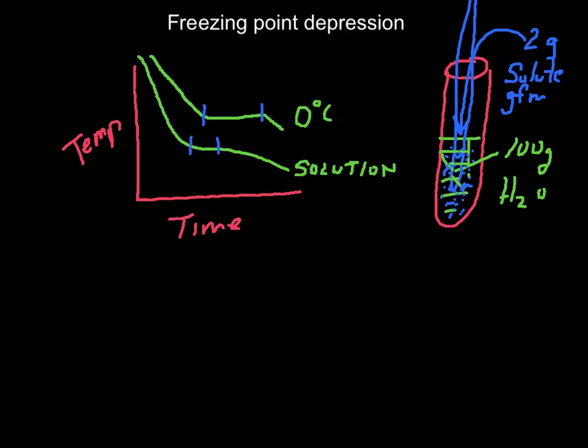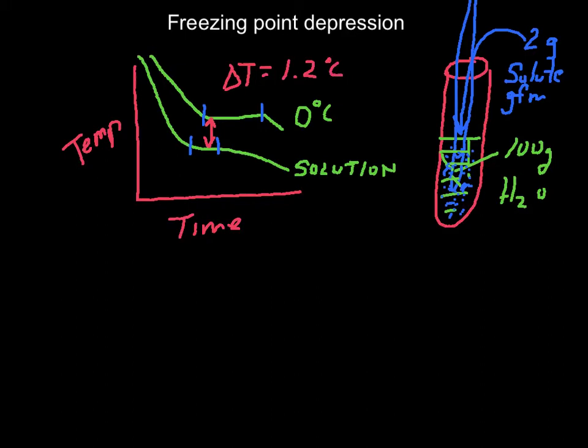And I think I'll call it right in there. And now I'm going to measure this difference. And let's say that difference, that change in temperature, turns out to be 1.2 degrees Celsius.